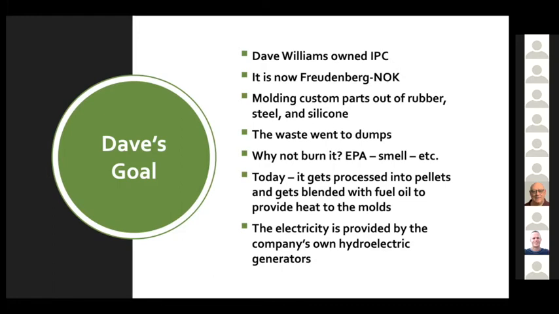So the Newfound River, coming out of Lake Newfound and running down to the Pemigewasset, they had two hydro generating stations on the river, and that provided them with the electricity for the electric mold. Dave took over the company in 1962 when his dad died, and he was a very interesting man.